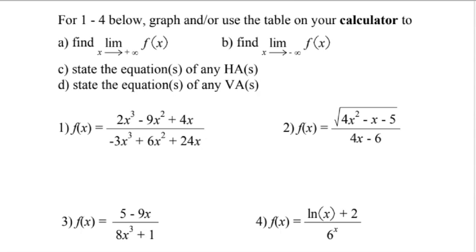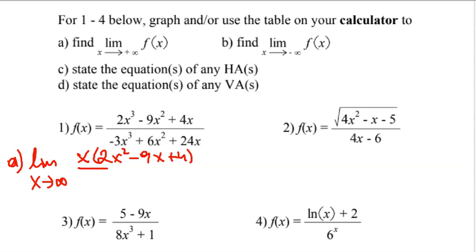In question 1, part A, we're going to find the limit of this function as x approaches infinity. But before that, I would like to make a simplification. If I factor out x, which is the biggest common factor, for the top we get 2x squared minus 9x plus 4. Same thing for the bottom, we get negative 3x squared plus 6x plus 24.